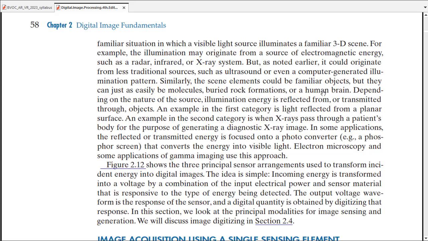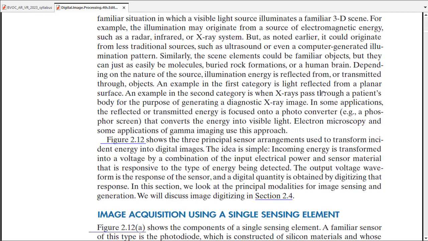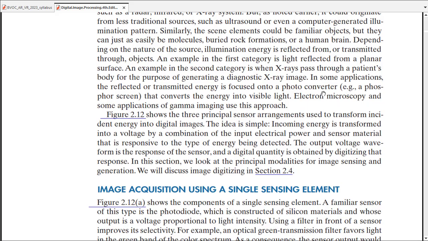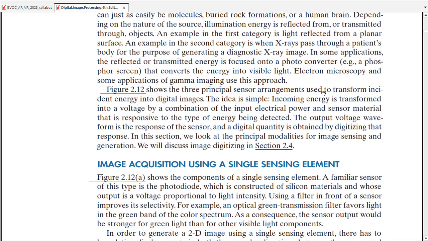For any type of image modality, such as X-ray or ultrasound, different types of waves are produced in the particular devices.